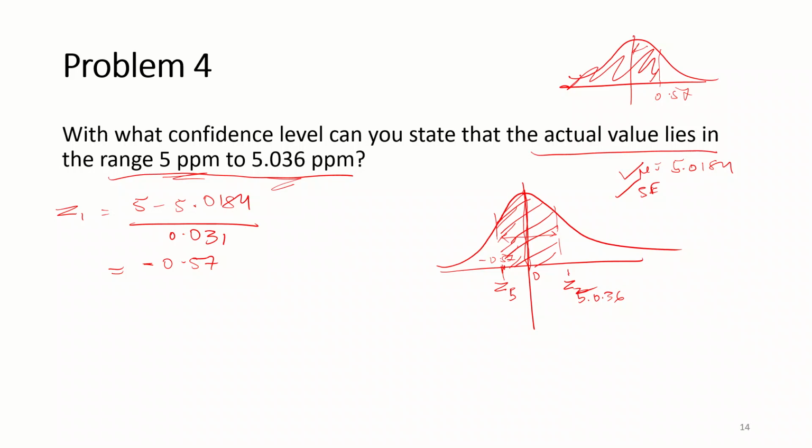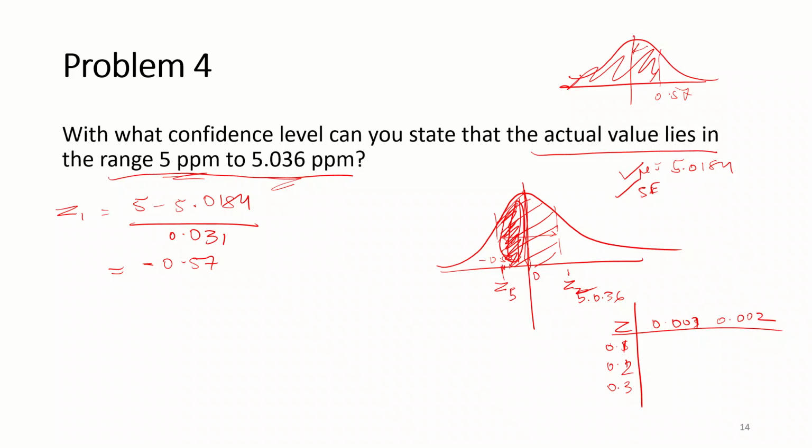So basically this is Z1, pertaining to the 5 ppm. We need to find this area, and that is what we have to find from the Z table. If you have a Z table in front of you, you will have Z here and values like 0.5, 0.1, 0.2 down the side, and here other decimals, 0.00, 0.1.